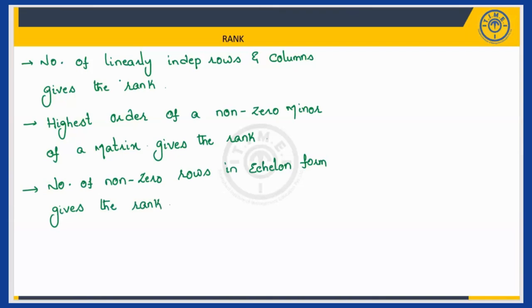So the number of linearly independent rows or columns gives the rank, or the highest order of a non-zero minor of a matrix gives the rank, and the number of non-zero rows in echelon form gives the rank. Now, what do you mean by this echelon form?